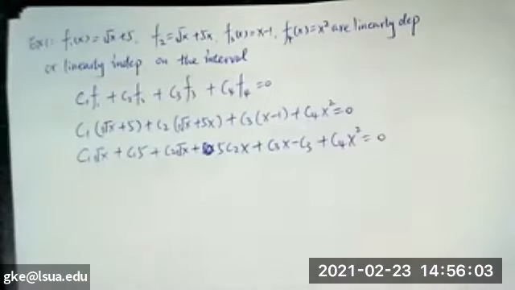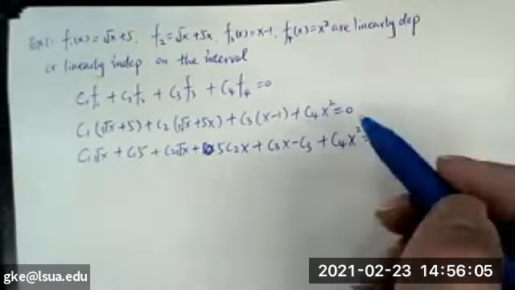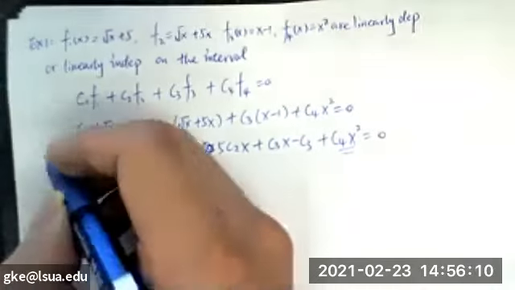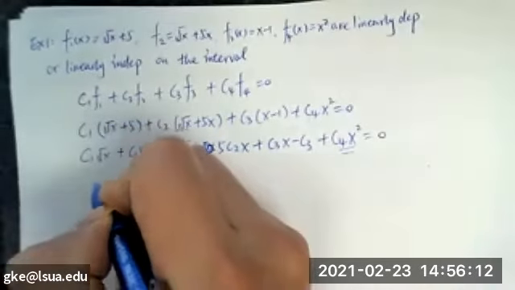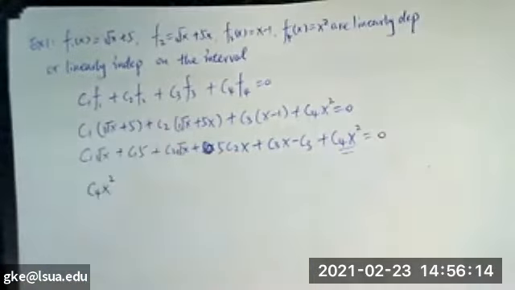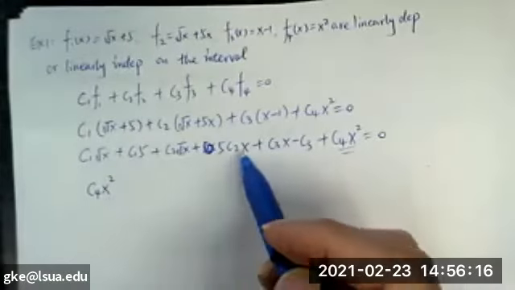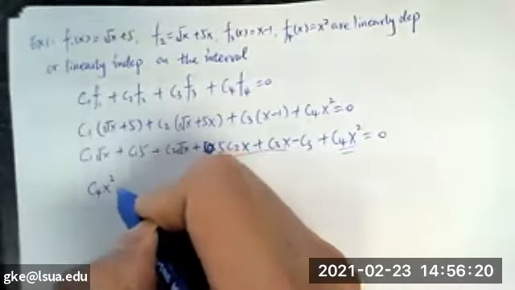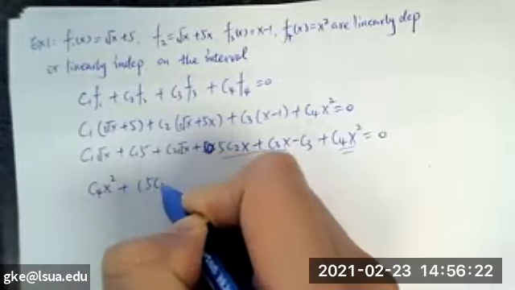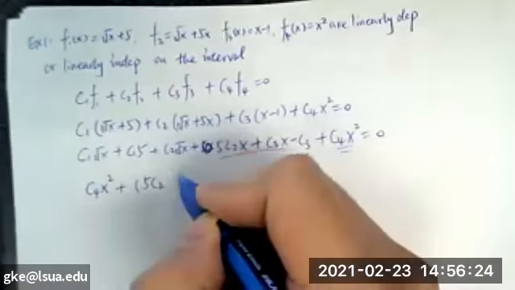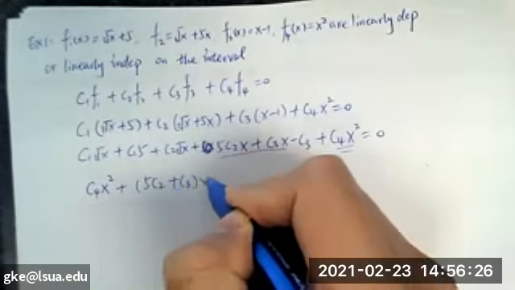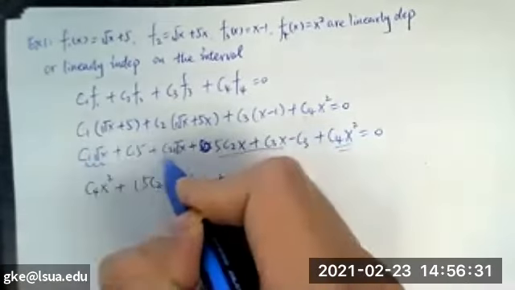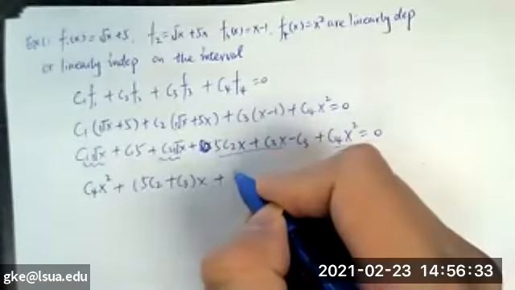Now we can combine the terms. From the highest degree, here is C4. And then for x we have two terms, C3 and the square root of x.